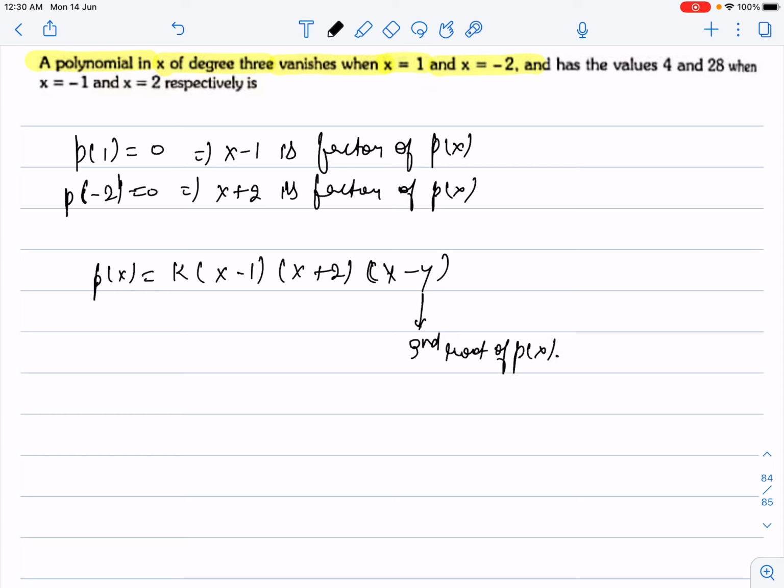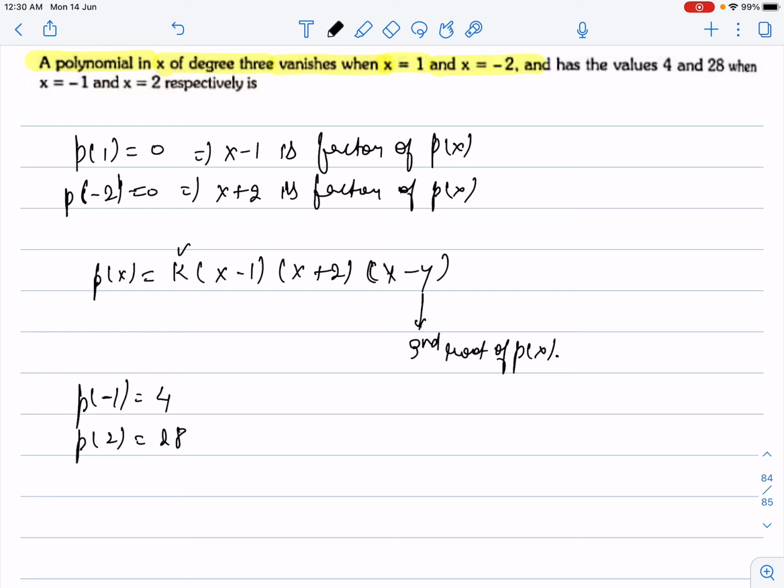We have assumed that. The value of p of minus 1 is 4 given to us, and the value of p of 2 is 28 given to us. So k, why have I written it over here? I have assumed the leading coefficient, the coefficient of the cubic term, to be k.